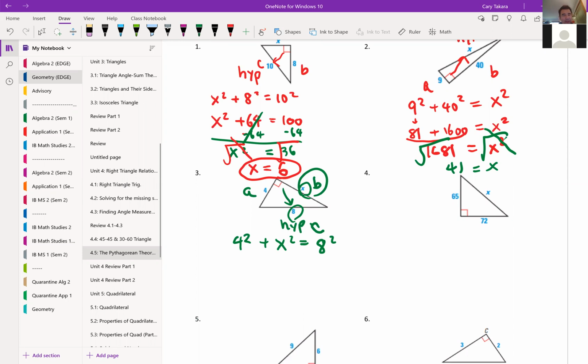Okay. What are we going to do next? We're going to evaluate all the squared numbers. What's 4 squared? 4 squared is 16. What's 8 squared? 64. Now, what are you going to do next? We're going to subtract 16 from both sides.